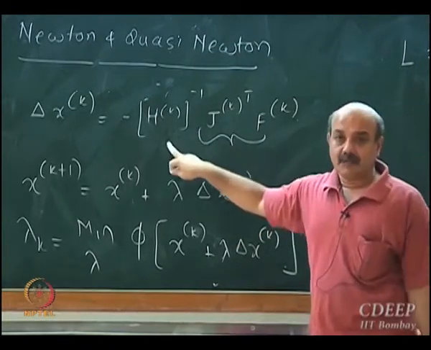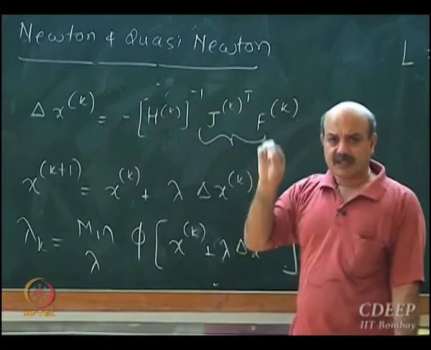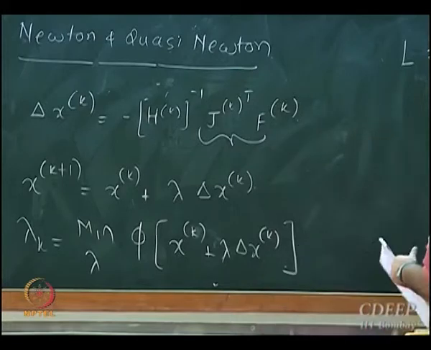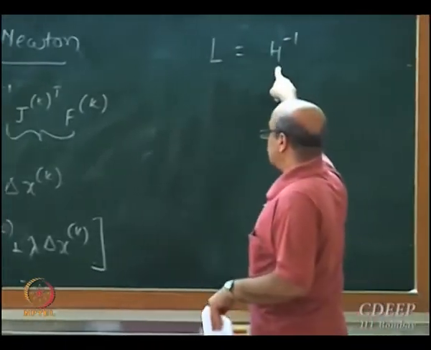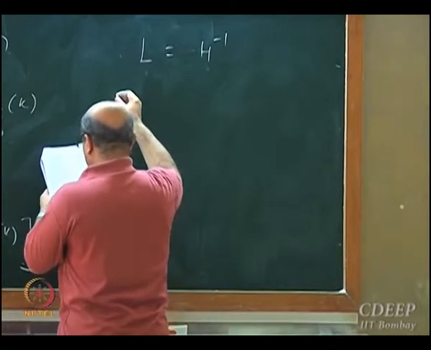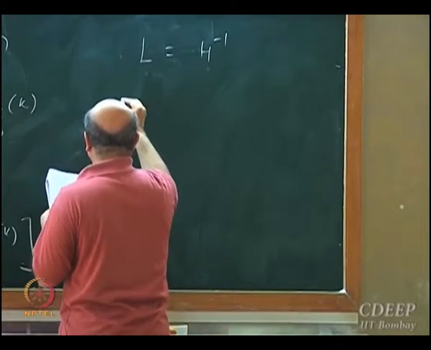To avoid Hessian computations, we do the gradient computation by numerical perturbation, but for the Hessian we do an update. So let's define L is equal to H inverse. Then we have this update.